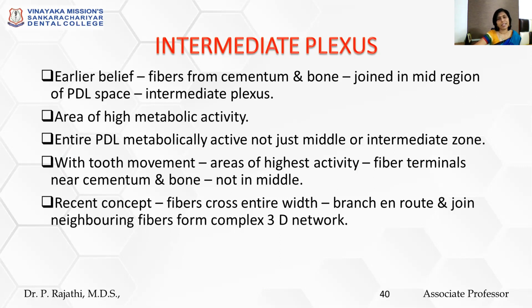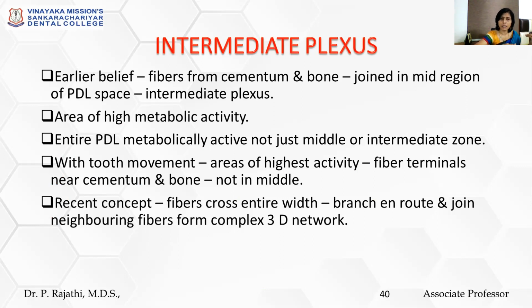So, the intermediate plexus. Previously, investigators believed that the fibers from the cementum and fibers from the bone were going to meet in the middle and get fused. It is not so. If it were true, the area of high metabolic activity should be in the center.